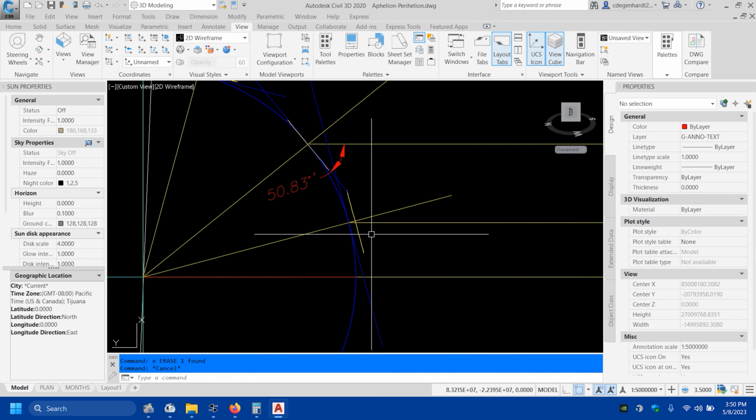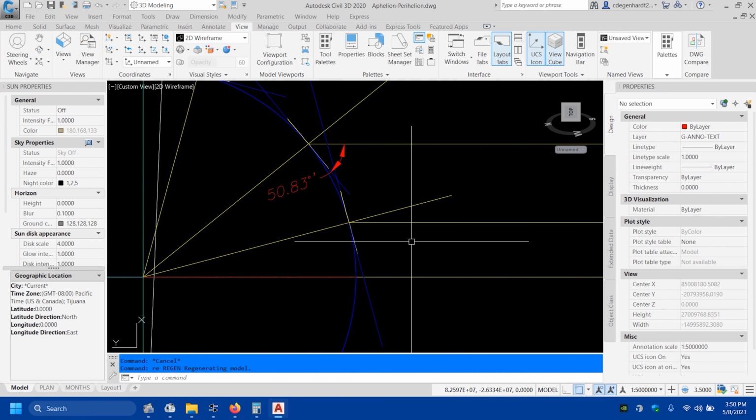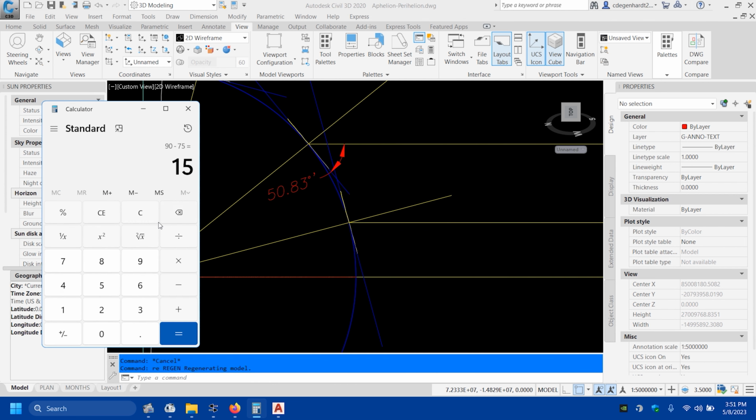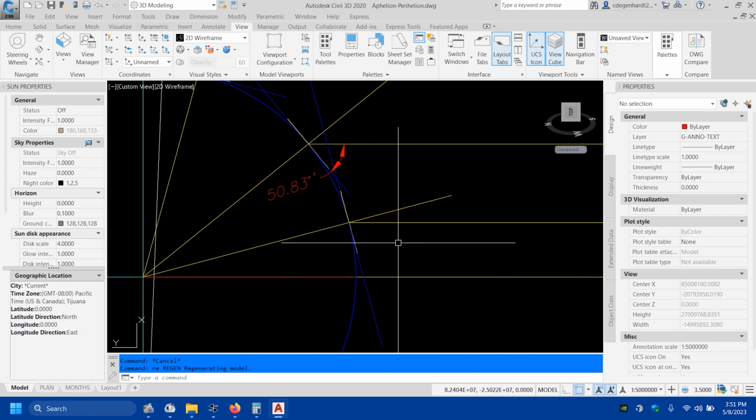Okay, so at 15 degrees, so 90 minus 15 equals 75.